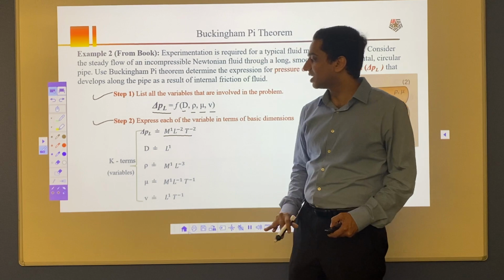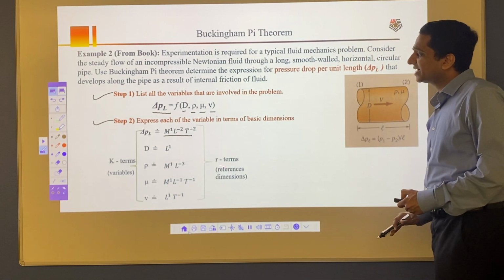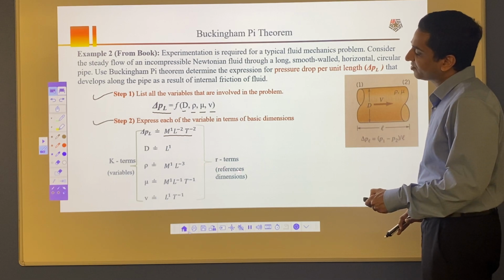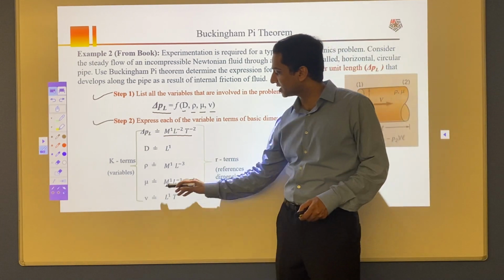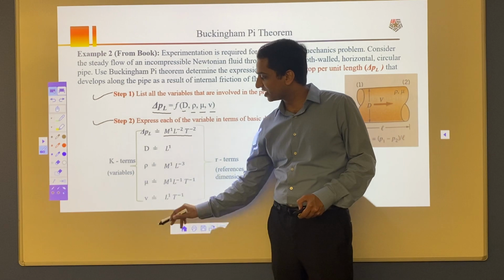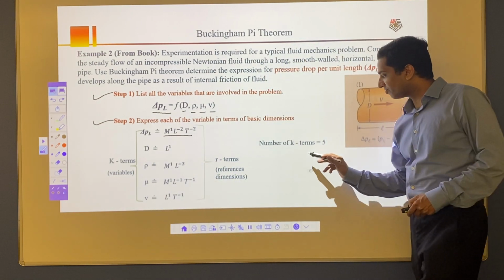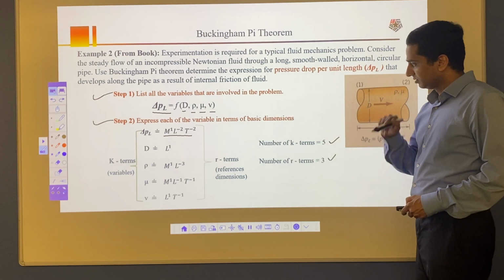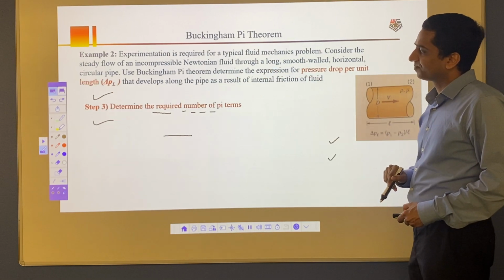Once you have this part done, write down your R terms. R terms are the reference dimensions. You have 3 reference dimensions, M, L and T, and you have 5 variables. So I'm going to write down that the number of K terms is 5 and the number of R terms is 3, and that's pretty much step 2.